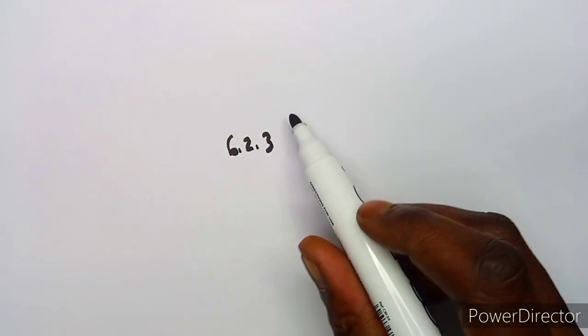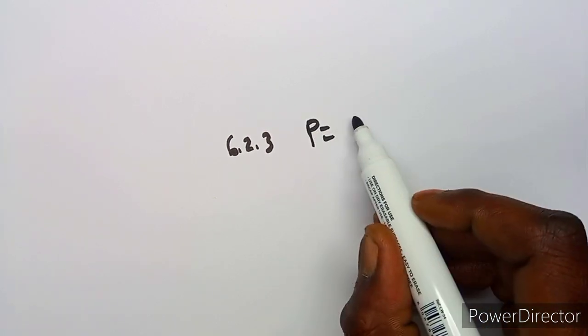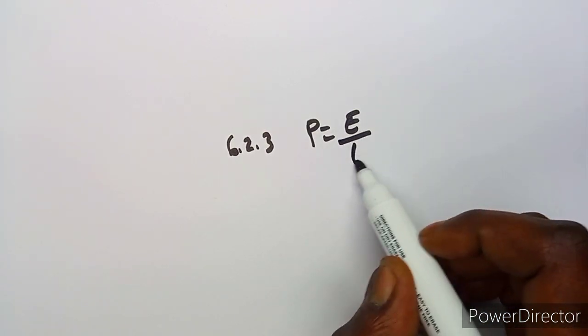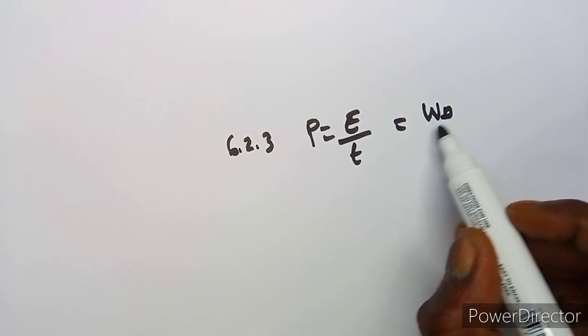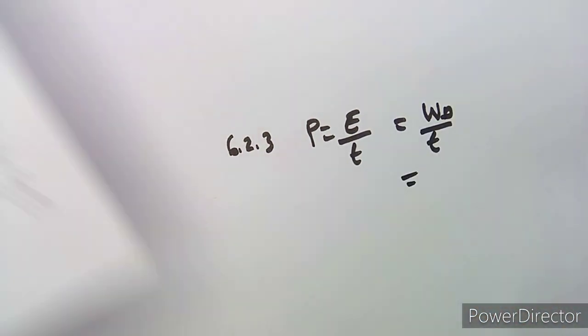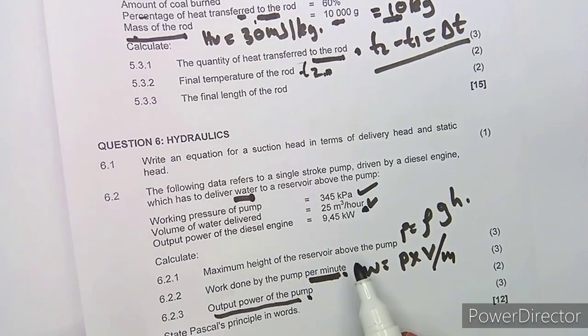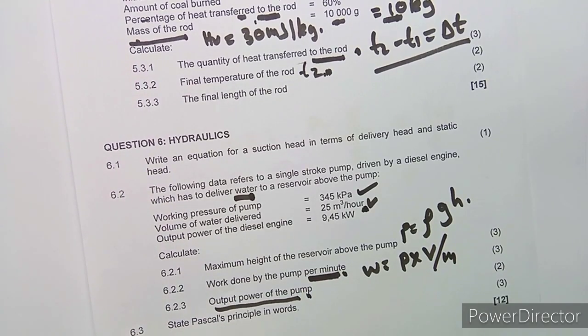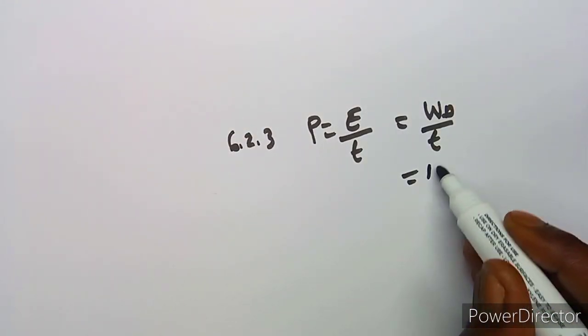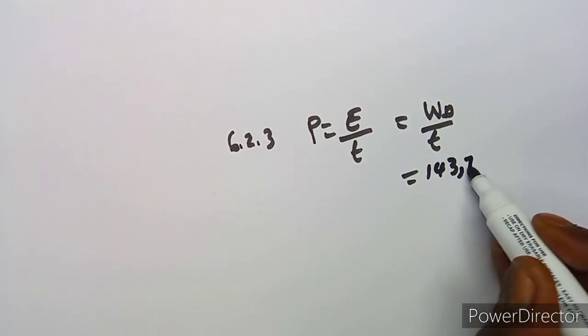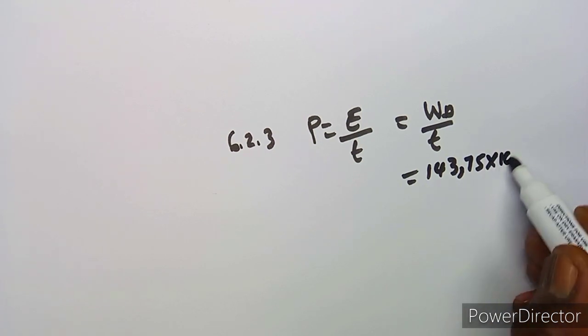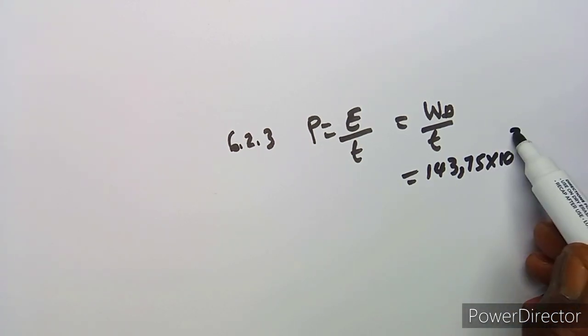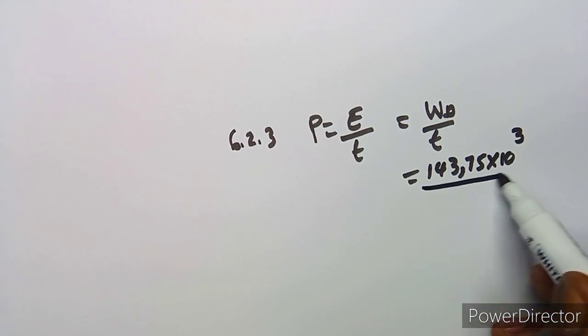All right, this is 6.2.3, which is power, which is energy over time, which is actually work done over the time taken. So remember, our work done was 143.75 times 10 to the exponent of 3, because that was in kilojoules, over the time.